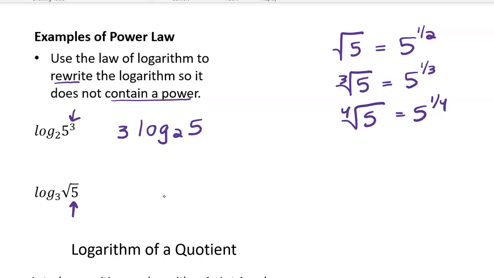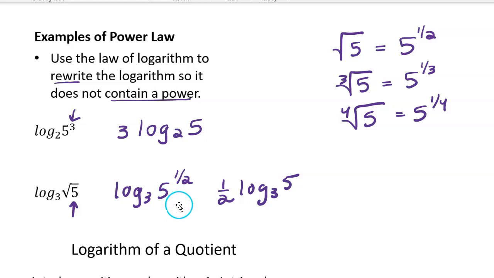The first thing you want to do is rewrite that with the 1/2 exponent, and then that's a power that you can bring down to the front. We'll actually use that quite a bit when we get into our equations and more complicated problems down the road.